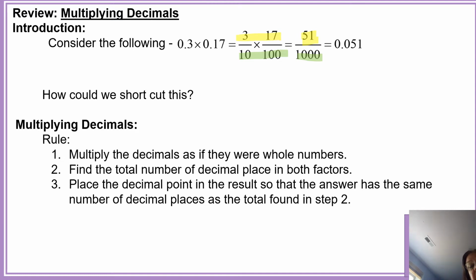How can you shortcut this? Well, we know we're going to have 1, 2, 3 zeros, right? We know this because there are 3 decimal places.